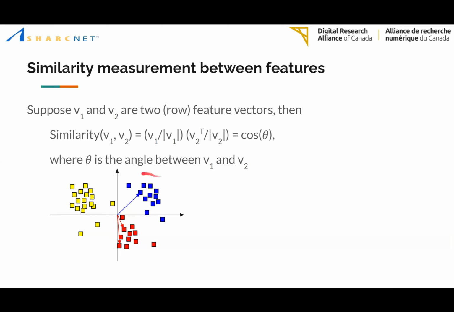So the same group may be similar, so their angles are quite close. So theta is very small, and cosine of 0 gives the highest number. But if theta is a 90-degree difference, that means they are quite irrelevant. And if it is 180 degrees, they are completely opposite. So that's why the dot product is a good measure of the similarity between two feature vectors.